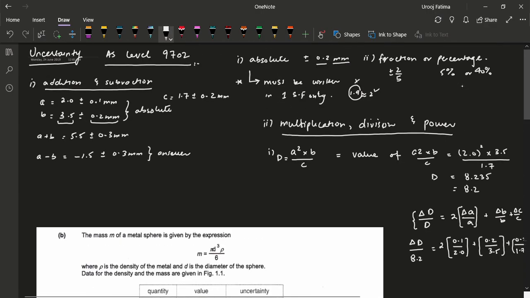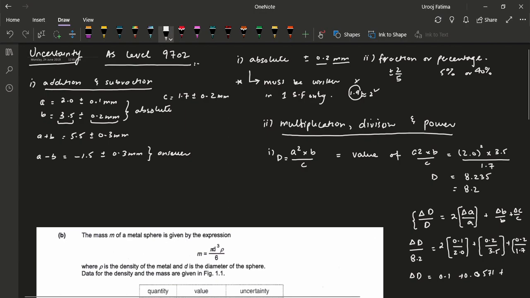Now here we're going to find delta d, and let me just quickly do it so you know the answer. So it's 0.1 times 2 divided by 2, that's 0.1, plus 0.2 divided by 3.5, and that's 0.0571.